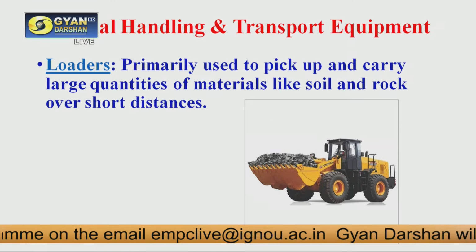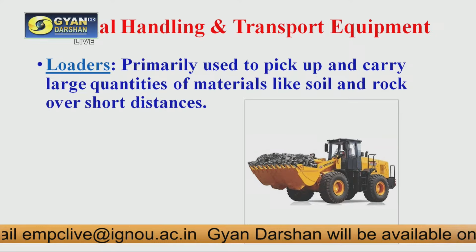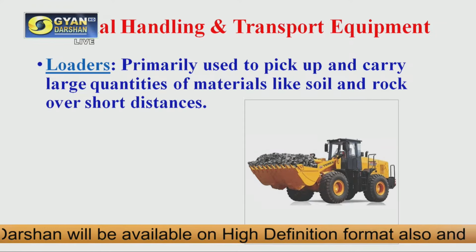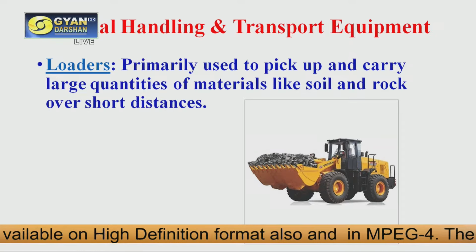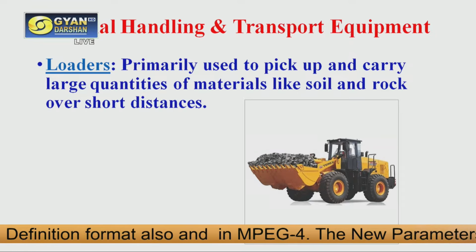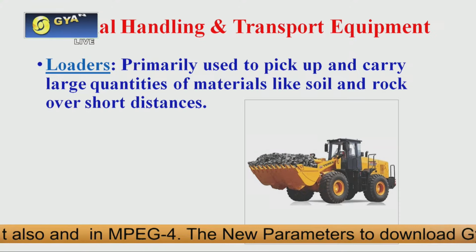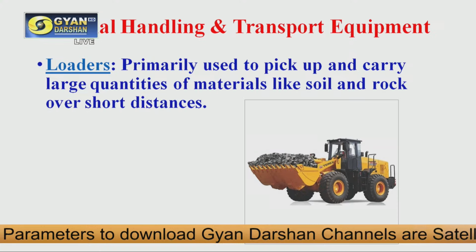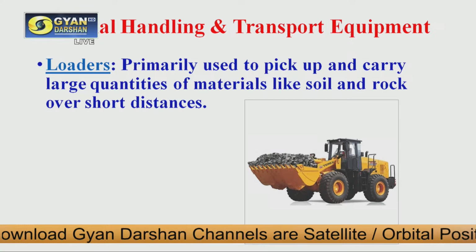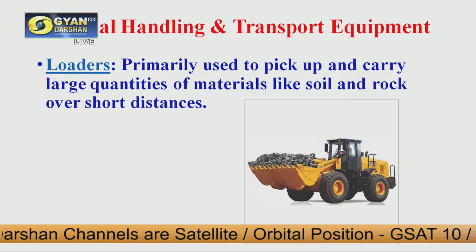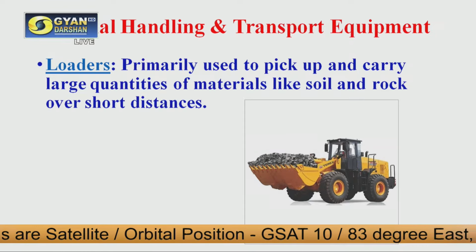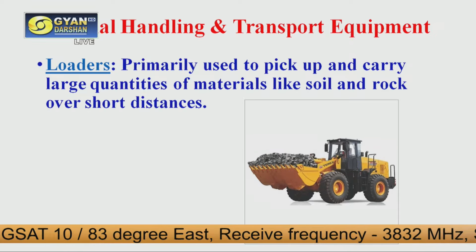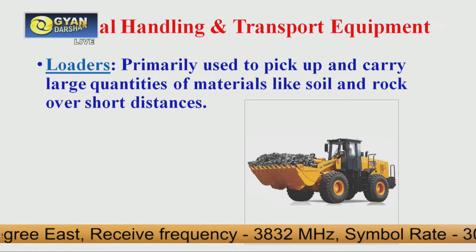Then we move to another category of equipment, material handling and transport equipment. In this category, the first equipment is the loader. As I told you earlier, the bucket of an excavator can sometimes also be used as a loader, but for the special purpose of shifting large quantities of soil or other materials, this loader is used.